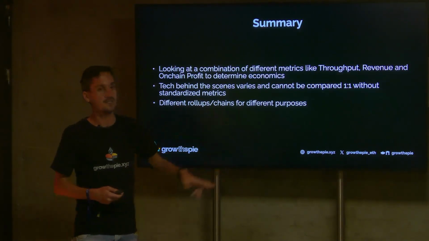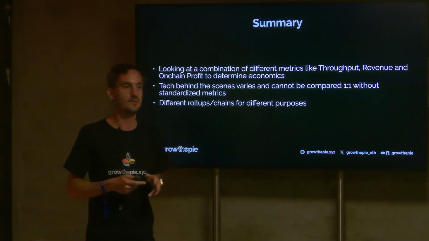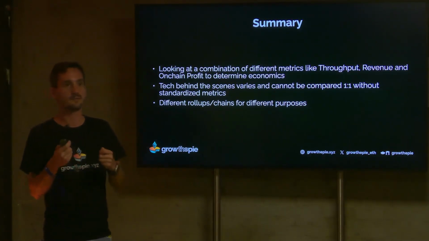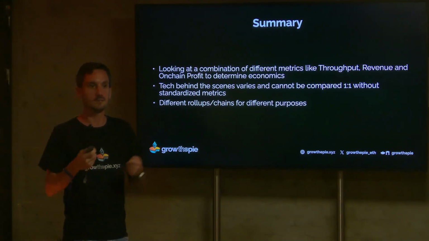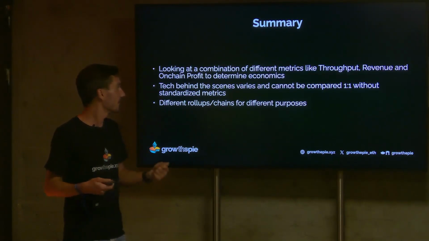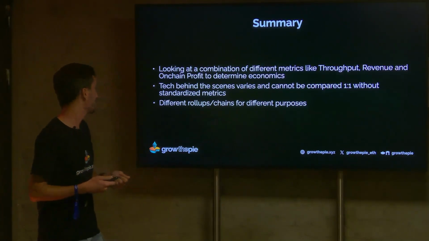And we need standardized metrics to really compare across different stacks. So I think that's very important to see. Look, we cannot sometimes compare apples and pears, right? Sometimes you really need different data metrics and charts to make this more understandable.